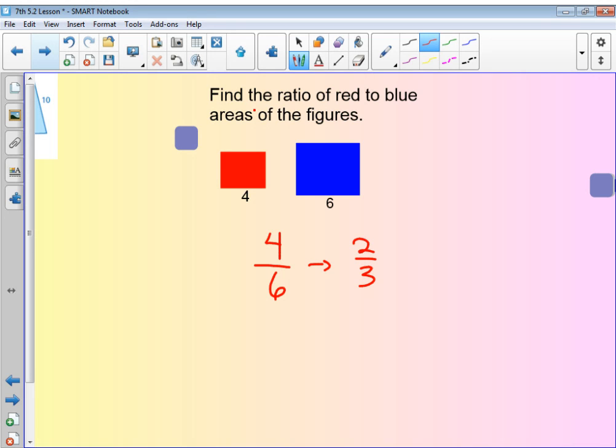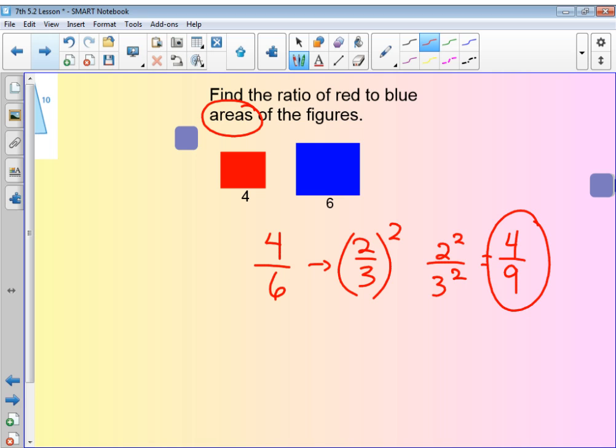Now it was asking area. So we have to square this. So it's the same as 2 squared over 3 squared, which would give us 4/9. Final answer. Red is 4/9 the size of the blue for the area. 4/9 the area of the blue.